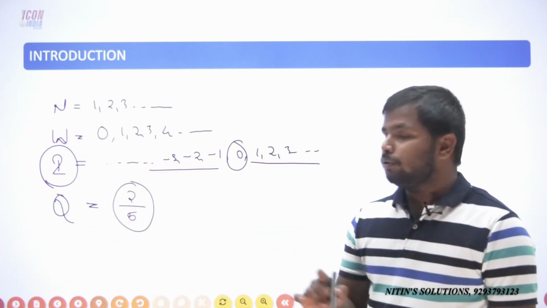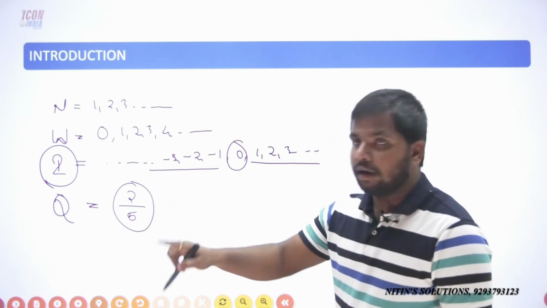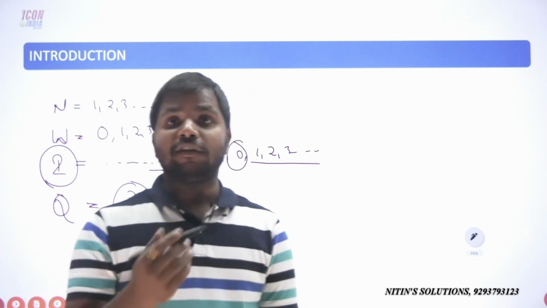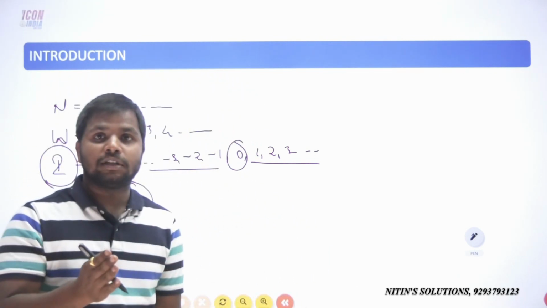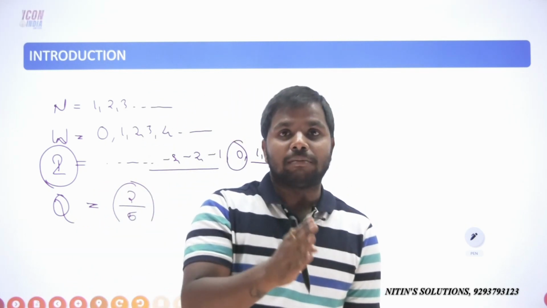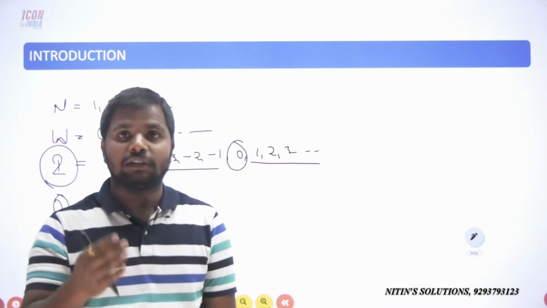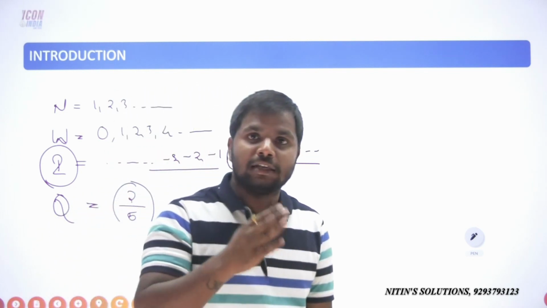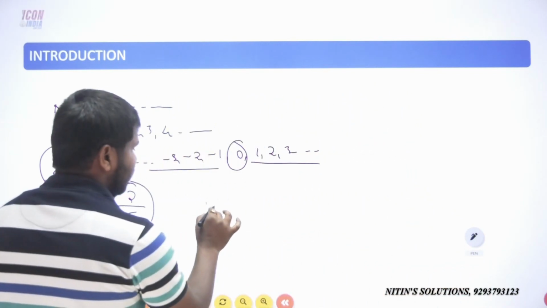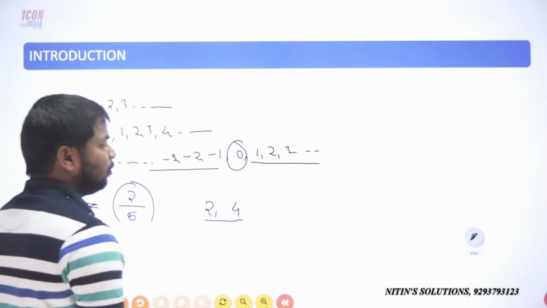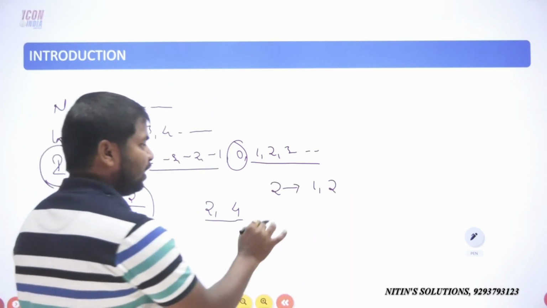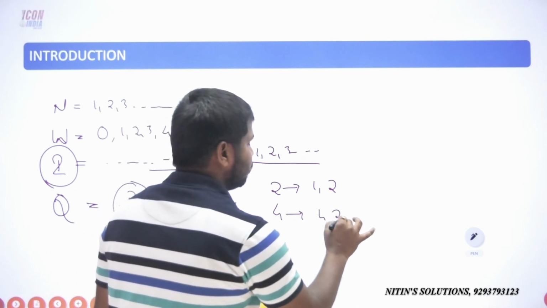Before finding out whether a number is rational or irrational, first you have to learn what the HCF is. The HCF of two numbers is the highest common factor of the given two numbers. If I take 2 and 4, the factors of 2 are 1, 2, and the factors of 4 are 1, 2, 4.